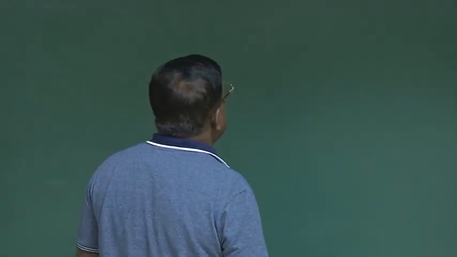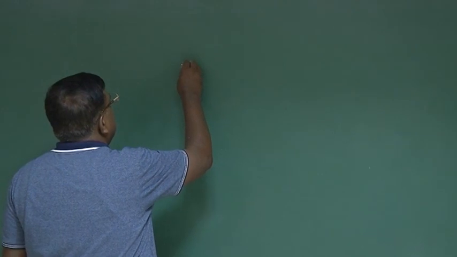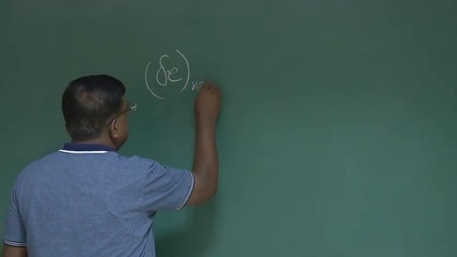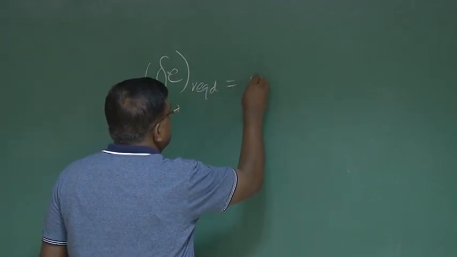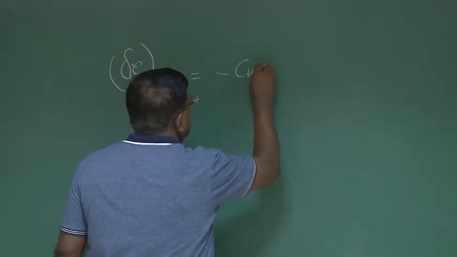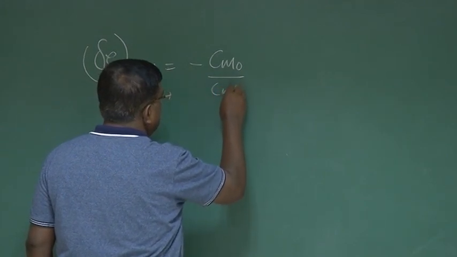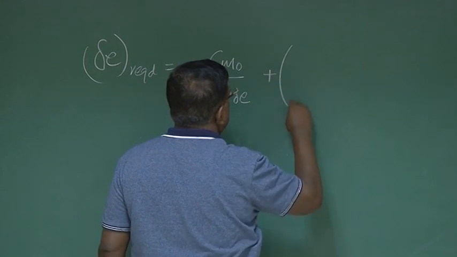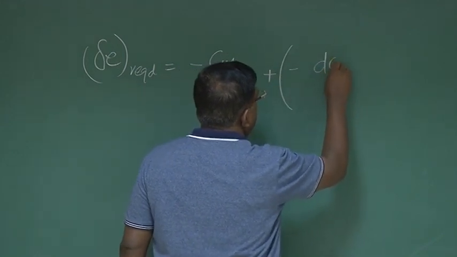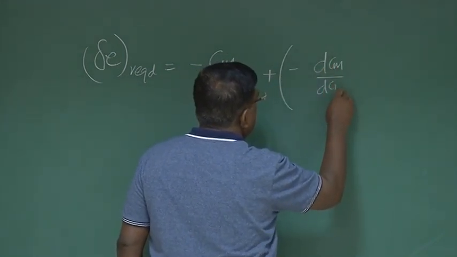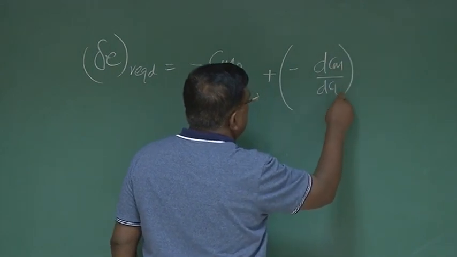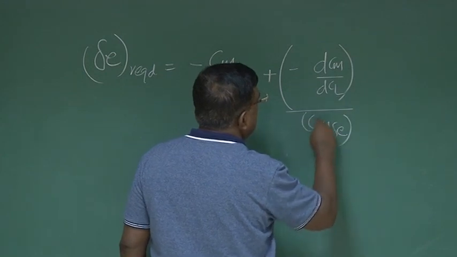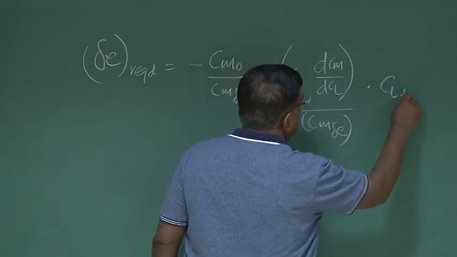If you see my last lecture, we have derived a relationship: delta E required equals minus Cm naught by Cm delta E, plus minus dCm by dCl by Cm delta E into CL trim.